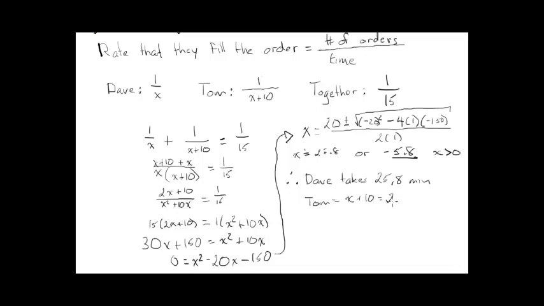So that would be 25.8 plus 10, which would be 35.8. So therefore, Tom takes 35.8 minutes to complete the order. So that would be Dave's time and Tom's time.